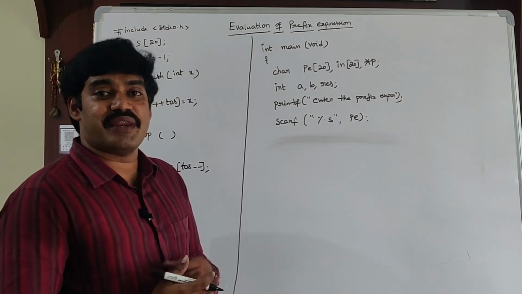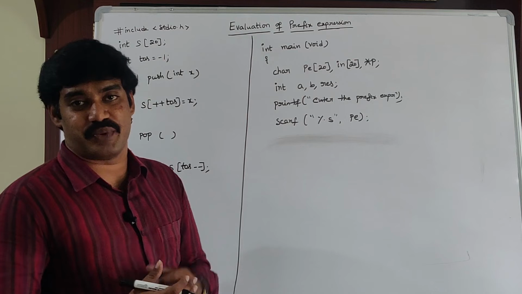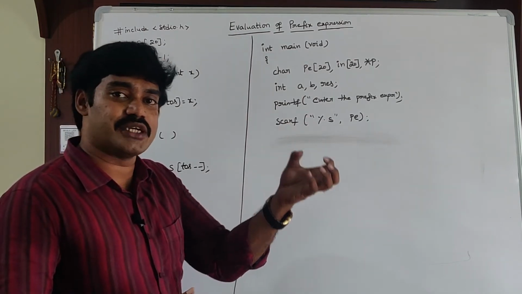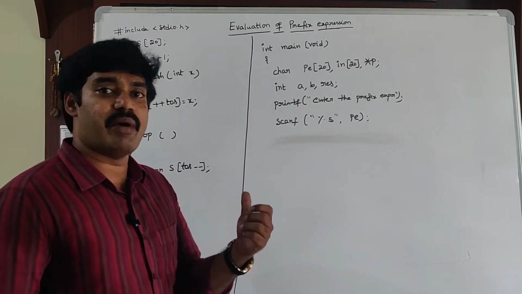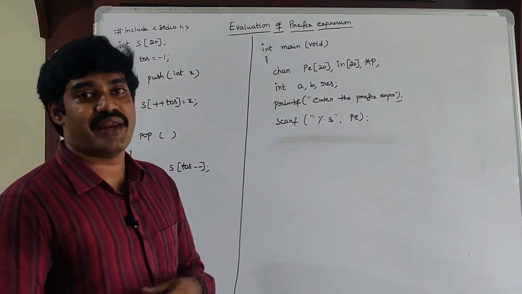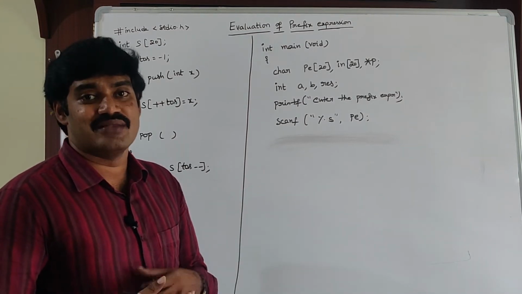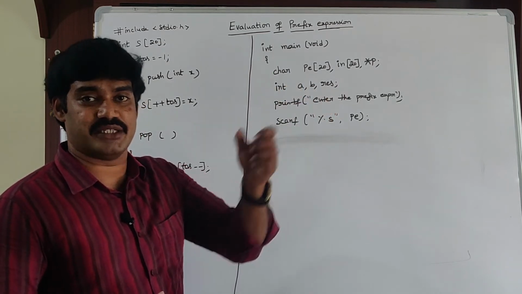What is the first step in evaluation of prefix expression? Reverse the given prefix expression. How to reverse the array elements? You can write the logic manually or you can use the predefined function. Choice is yours. In my previous videos, I have explained how to reverse the array elements without using any extra space. That video is available in C programming coding questions playlist.